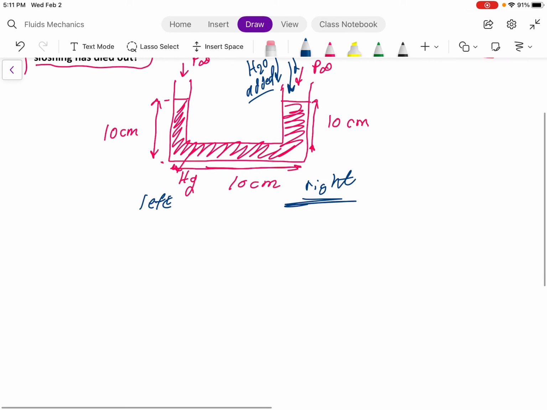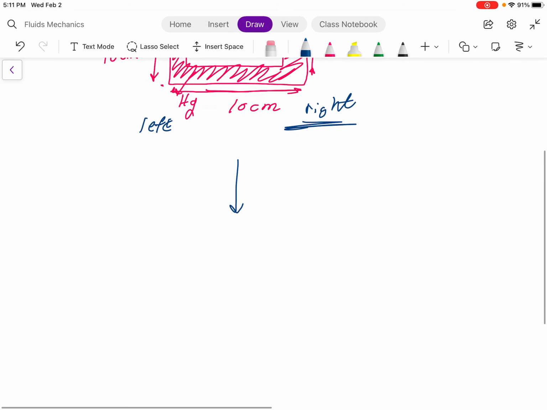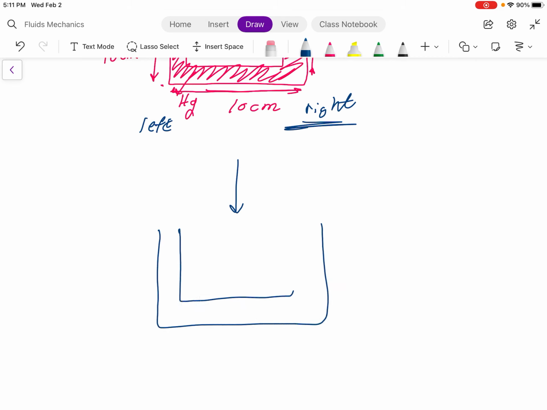So let's see. If we redraw this again, we would have a change as illustrated in here. Let's make it bigger.